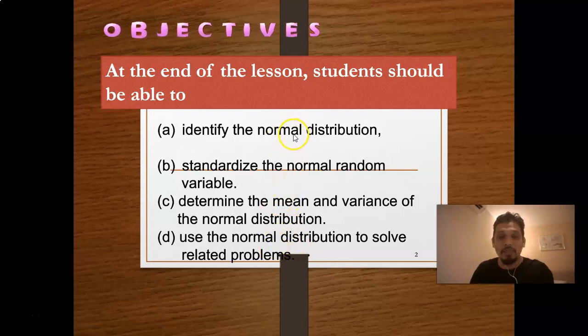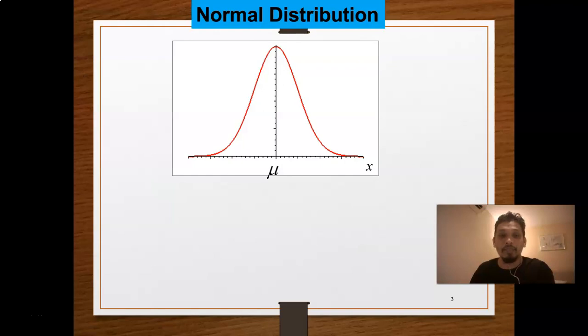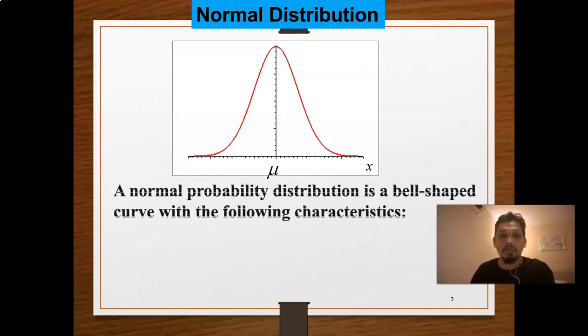Okay. So last time binomial and Poisson were discrete situations, and normal is continuous. So the normal probability distribution is a bell-shaped curve.